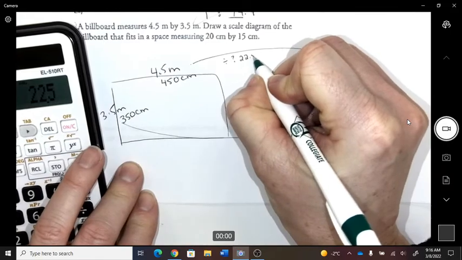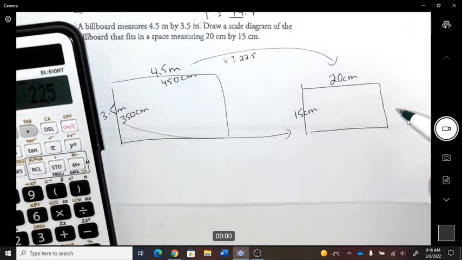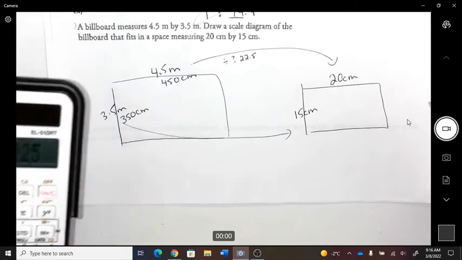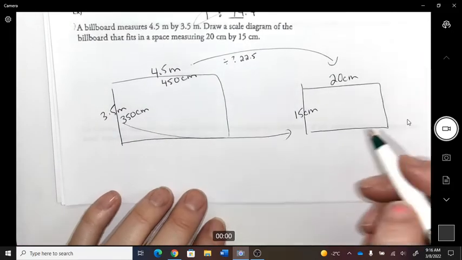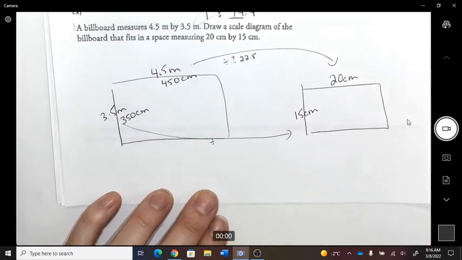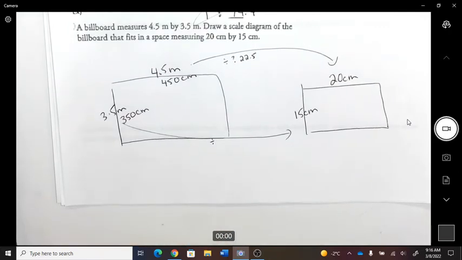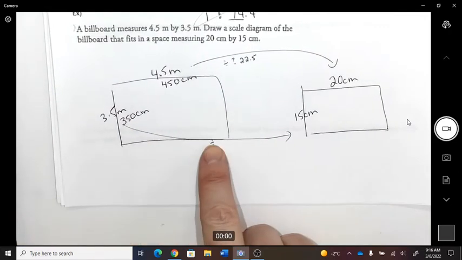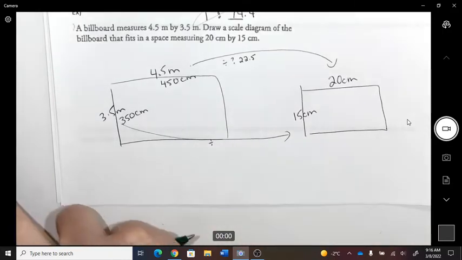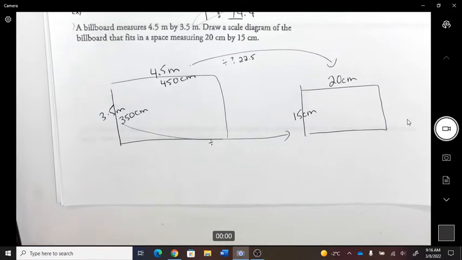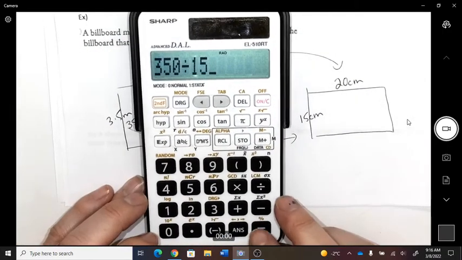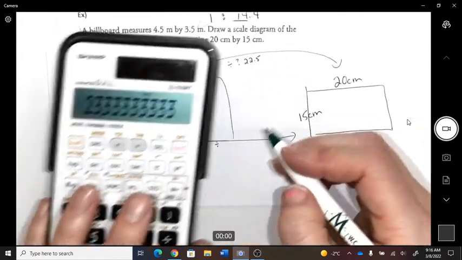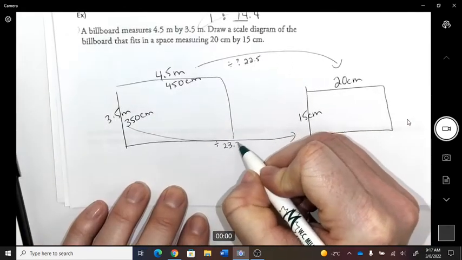So I'd have to divide by 22.5 to shrink it. Okay, 350, what would I have to divide by to get to 15? 23.3.